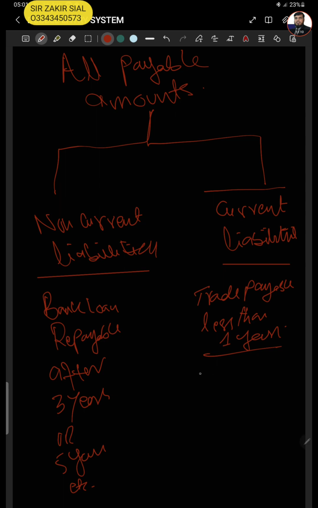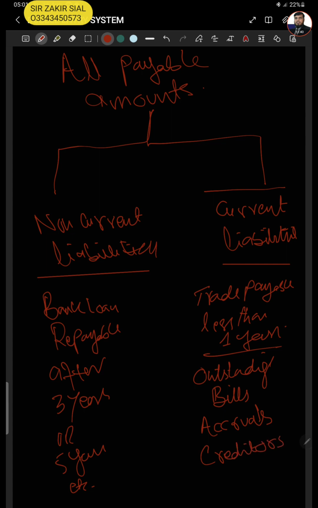And some other amounts are outstanding bills like electricity bills or utility bills. Sometimes salaries are payable. Other synonyms are accruals or creditors.